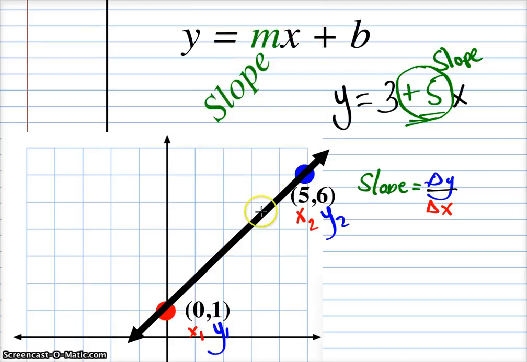So from here to there, my change looks to be 1, 2, 3, 4, 5. I have a change of positive 5 because I went up. So my change in y is plus 5.